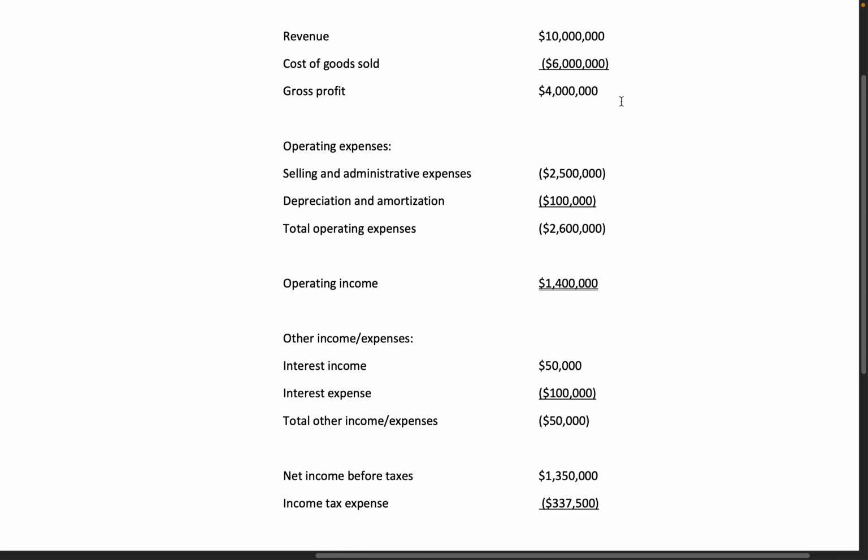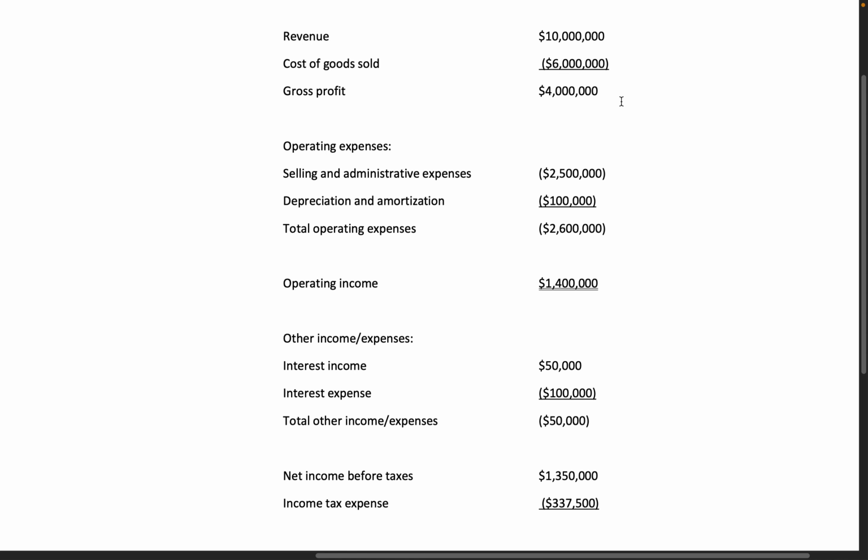However, when we take into consideration the capital structure of the company and essentially the interest income and any other expense, we need to have a look at this. So other income and expenses. We've got interest presumably from cash held elsewhere in the company, so that's 50,000.